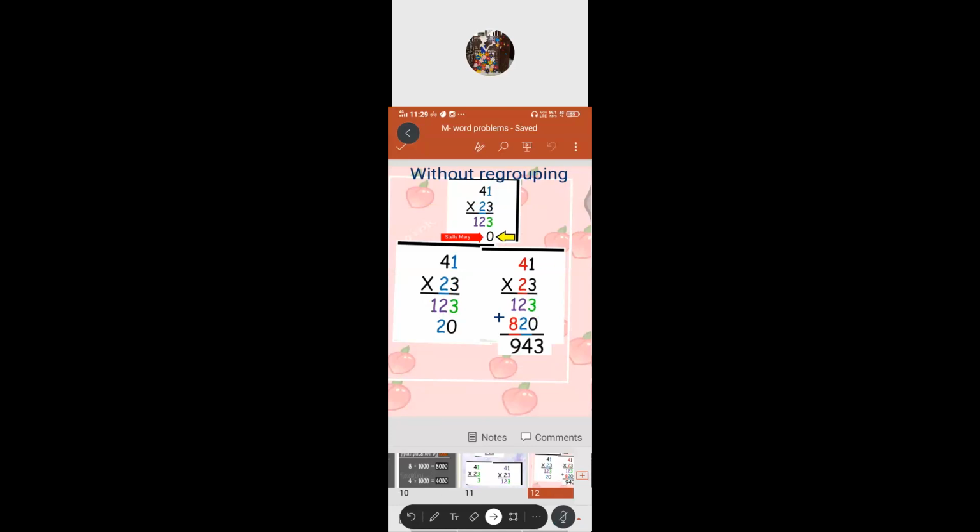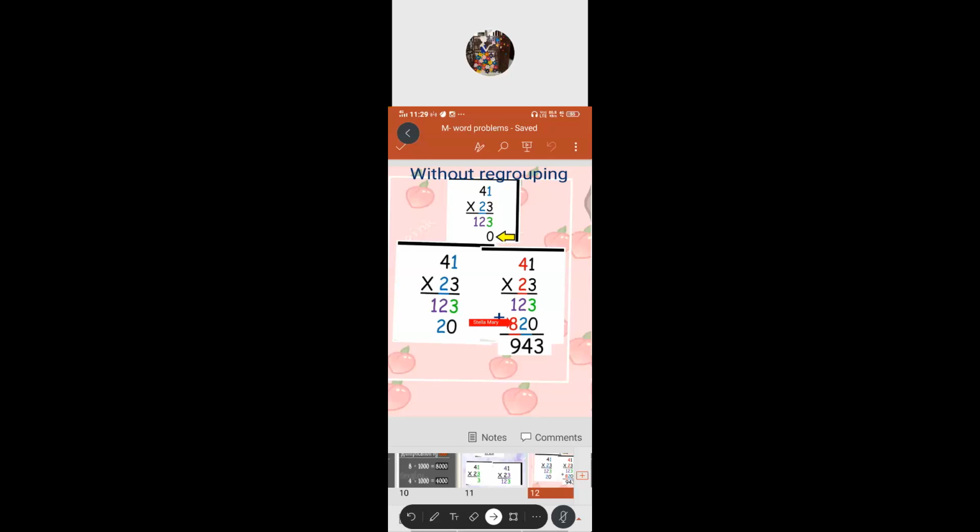Then only we begin our multiplication by the tens digit. What is in the tens digit? 2 is there. So 41 multiplied by 2 now. 2 ones are 2, 2 fours are 8. This is the second step. First step is multiplying by the ones digit.